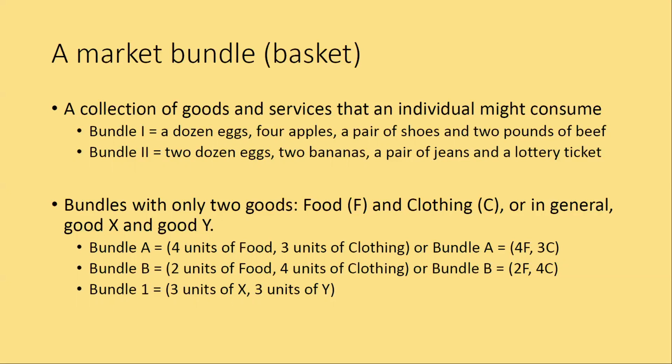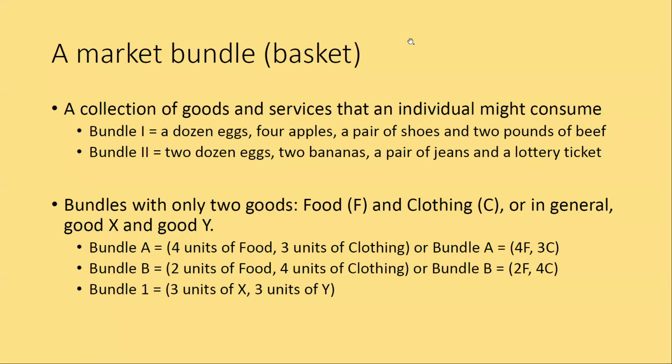We use food and clothing as an example, or in general, we can consider different bundles consisting of good X and good Y. So we may write that bundle A has 4 units of food and 3 units of clothing, or more simply, bundle A equals (4F, 3C).